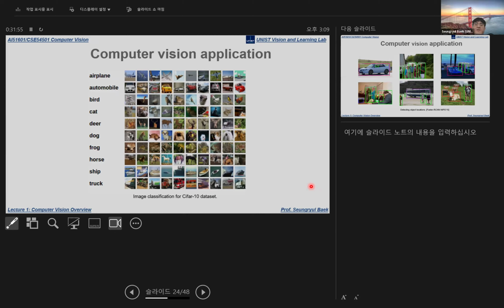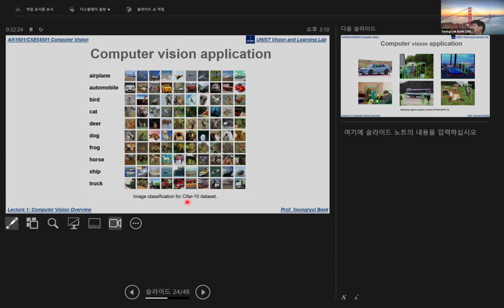For example, as I told you, similar to the ImageNet dataset, the task that classifies images according to their main object is called the image classification task. And this is another data set having 10 classes, and because they have 10 classes, it is called the CIFAR-10 dataset.